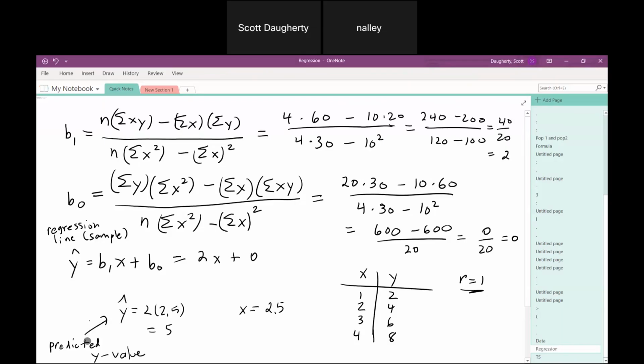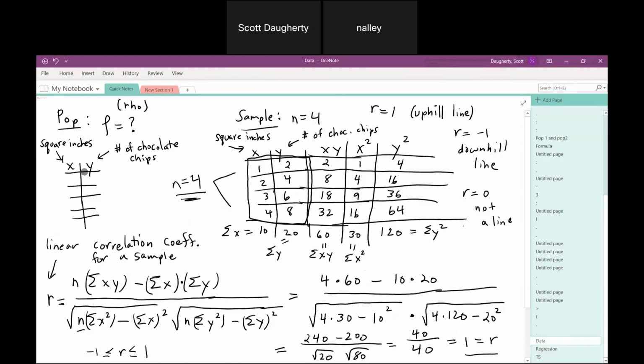Actual y value, I mean, this is predicted, right? This is a prediction. The actual y value would have to come from the population. So we'd have to go back to here and make a cookie that would have 2.5 square inches, cut it out, and then count up how many chocolate chips are in there and see what it is, right?